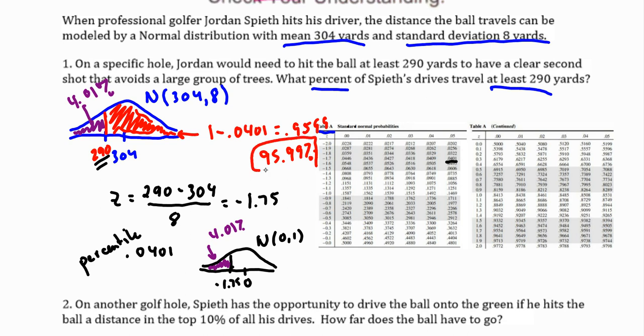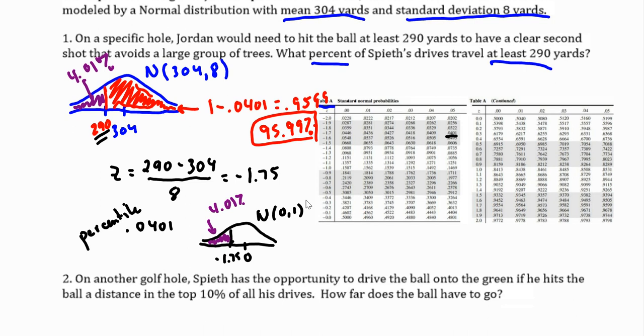So what percent do they have? 95.99%. That is going to be our answer. Cool. So that's how we can use our normal distribution, Table A, and z-scores to help us figure that out.